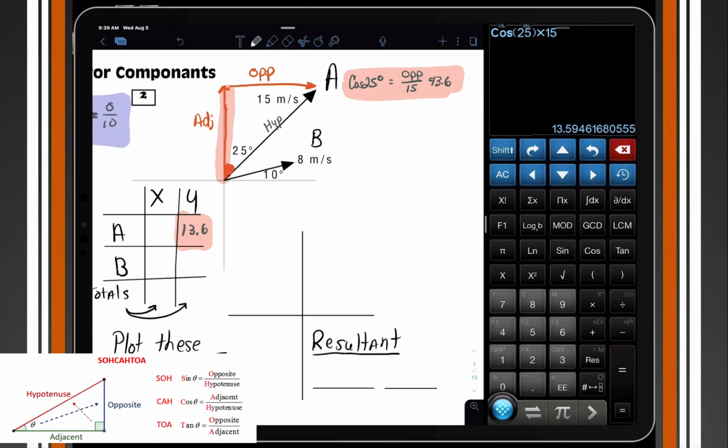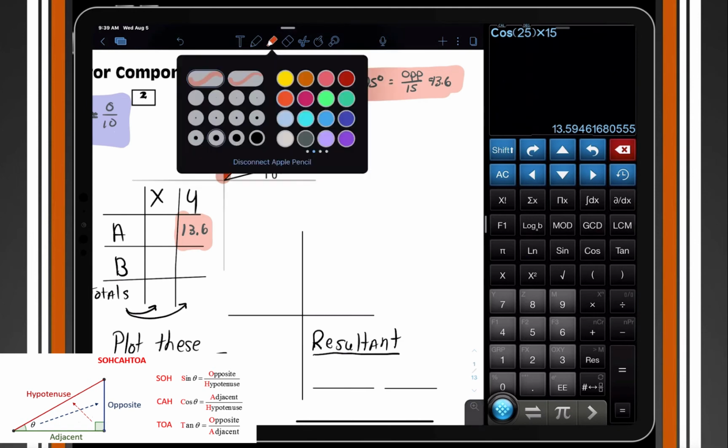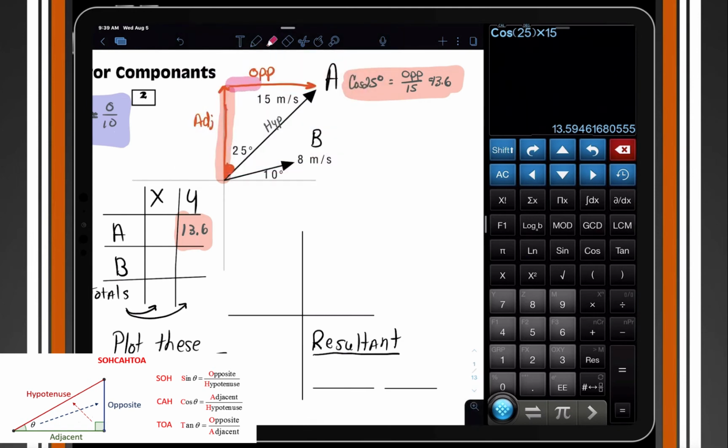So 13.6. The second vector now, the one along this axis, we're going to use sine for this. So we have sine 25 degrees equals opposite over hypotenuse.